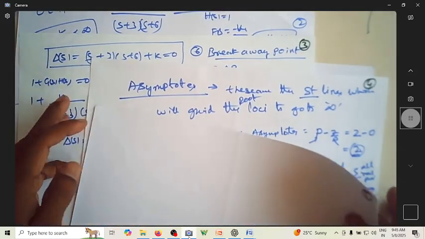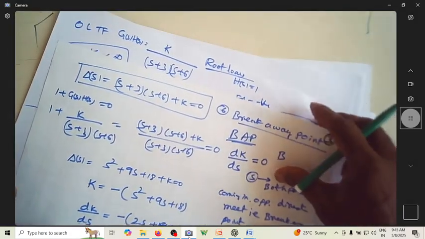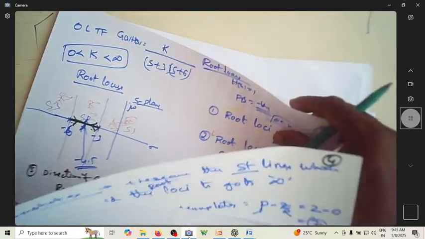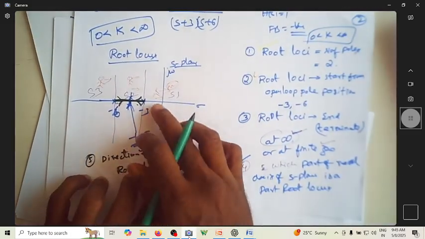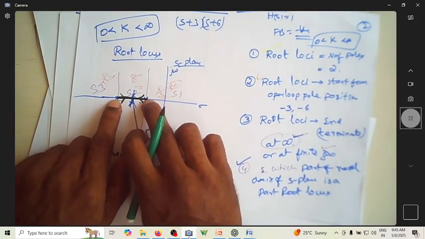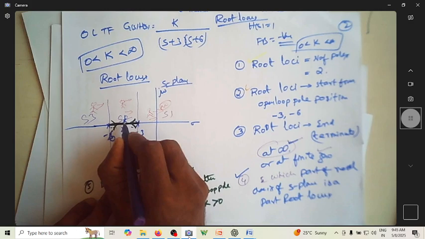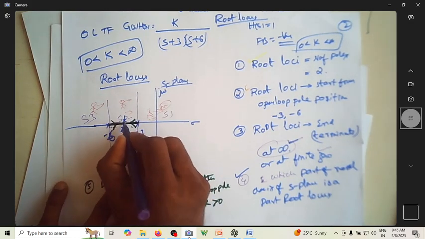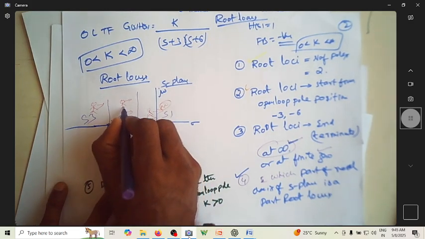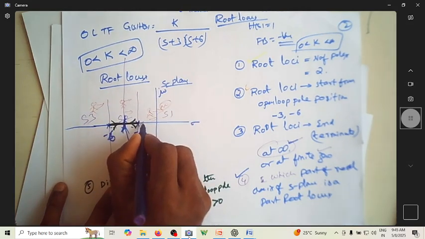Now let us look at the fifth. Before we go to the fifth, we can actually write it here itself. So this is our pole position, then this is how it went, and at minus 4.5 you have the asymptotes. One of the asymptotes is at an angle of 90 degrees. You can see this is the reference angle.